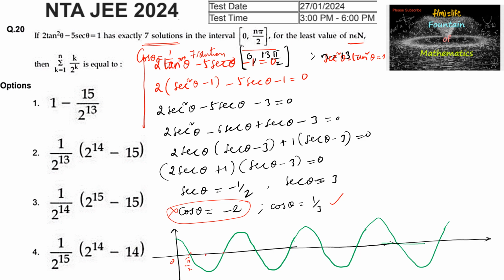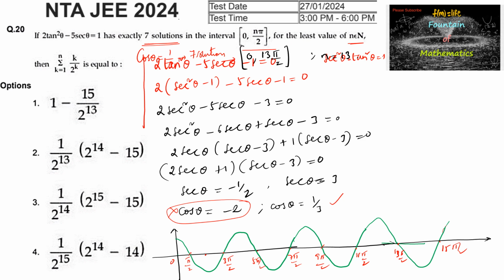This is 3 pi by 2 and here it is 5 pi by 2, 7 pi by 2, 9 pi by 2, 11 pi by 2 and this is 13 pi by 2 and here it is 15 pi by 2 and so on. And now the question: cos theta is equal to 1 upon 3.